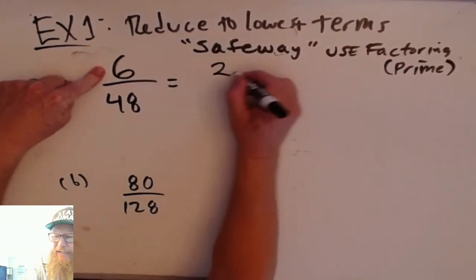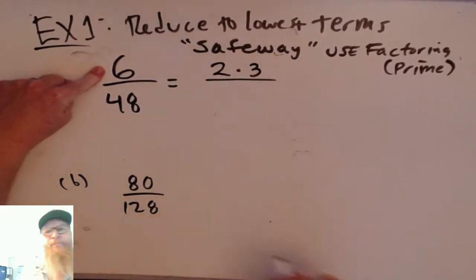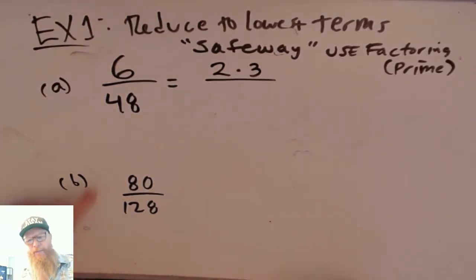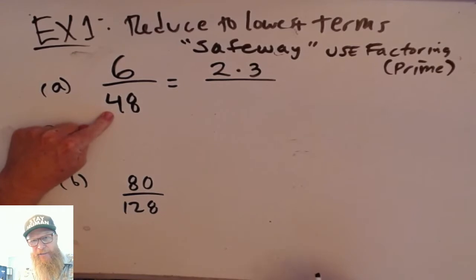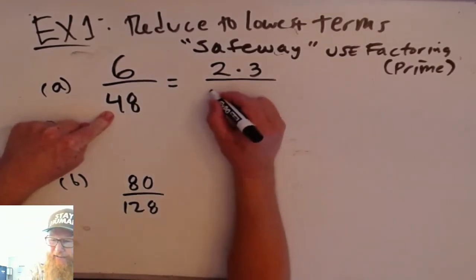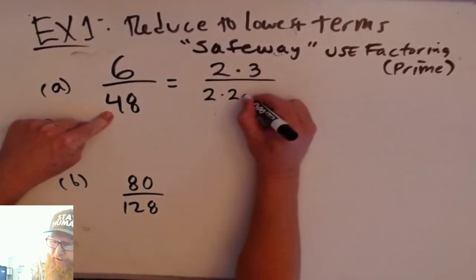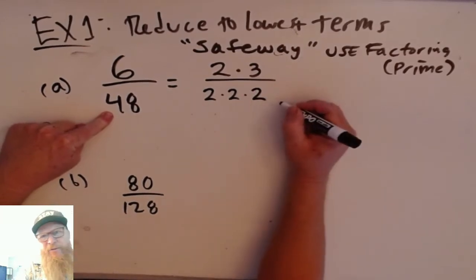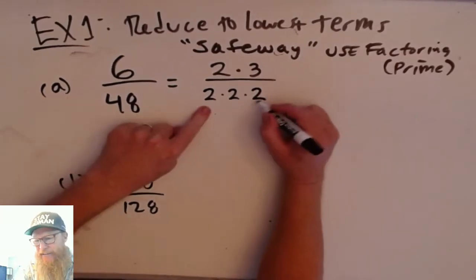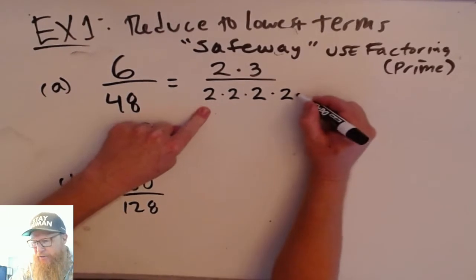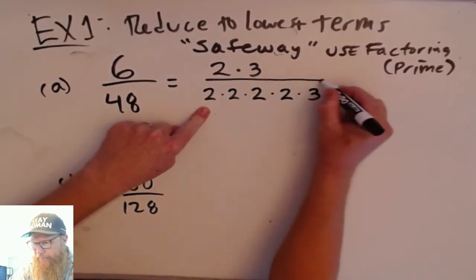So 6 is 2 times 3. All right. 48. 48 is 2 times 2 times 2, that's 8, times another 2 times 3.